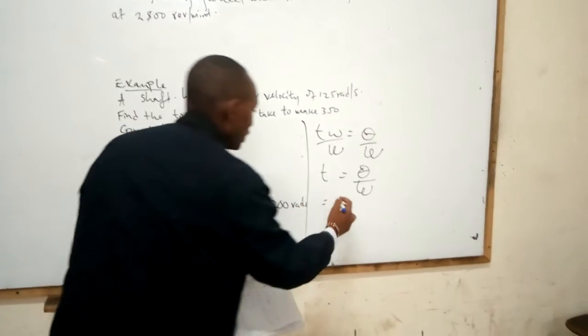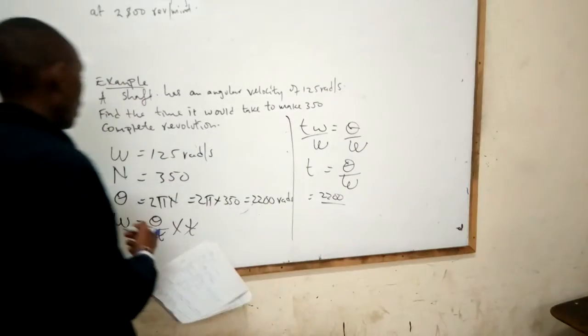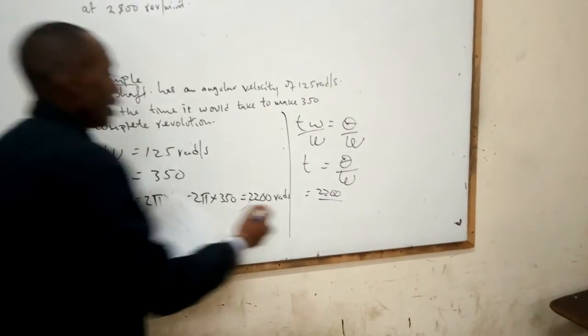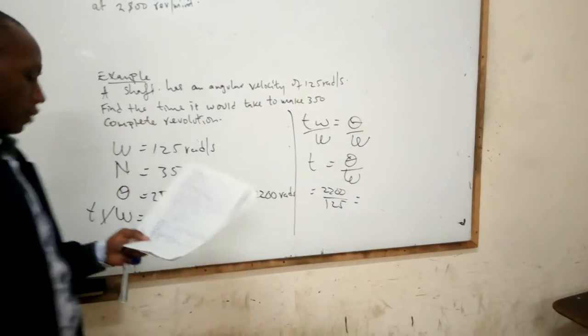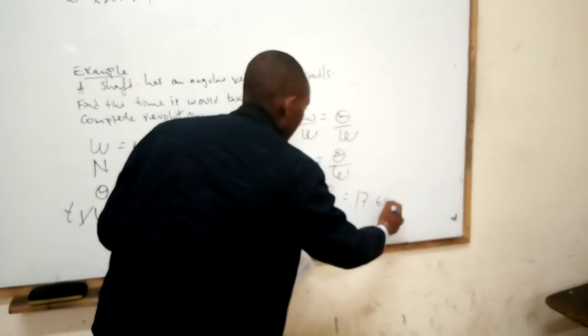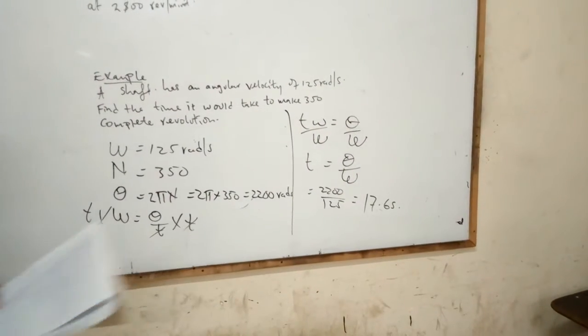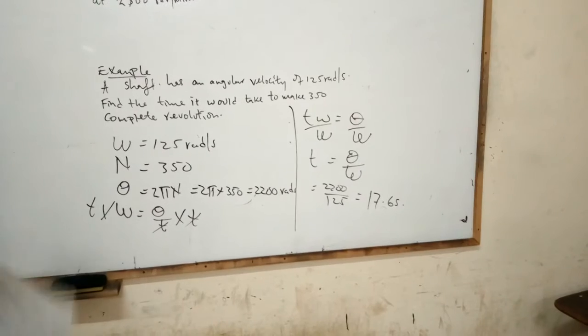Our theta here is 2200 divided by our omega, which is 125. When you key this into your calculator, you get 17.6 seconds.